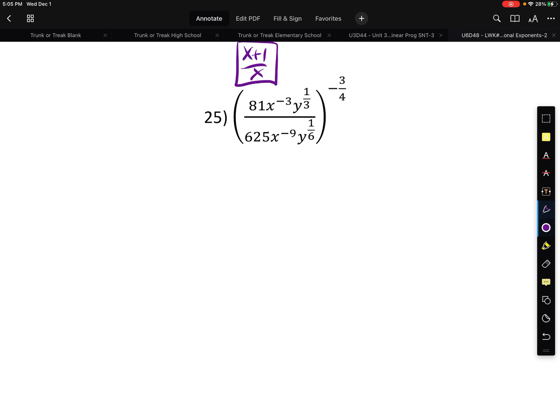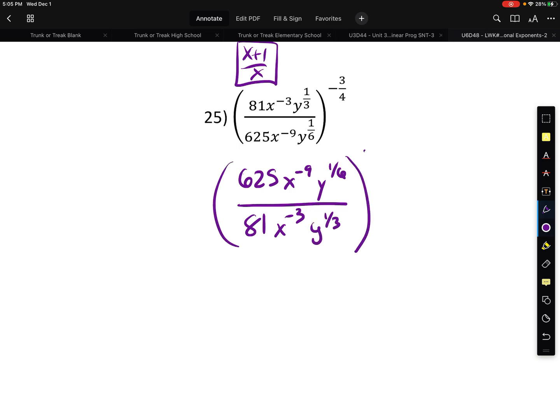All right. What's my move here? I'm going to simplify right away. It's going to make my life easier. Well, actually, because of the negative on the outside, I'm just going to flip the fraction. If I flip the fraction and leave it exactly the way you see it, we do not change anything. We just flip it. Now it's raised to the 3/4 power. Then on the inside, we could work some things out.